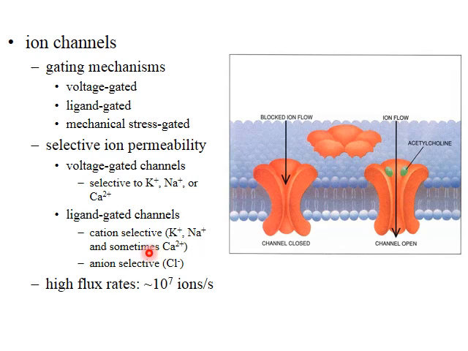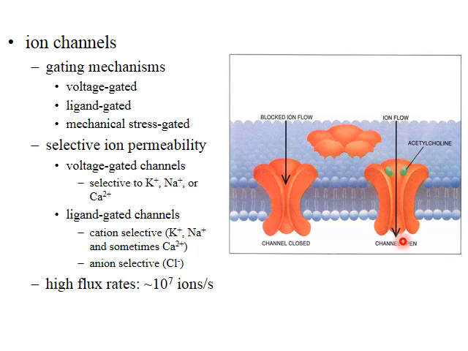Other types of ligand-gated channels are selective for anions instead of cations, and typically these are permeable to chloride. One of the characteristics of all ion channels is that when they gate open, they allow a fairly large flux of ions to flow across the plasma membrane, typically 10 to the 6th or even 10 to the 7th ions per second. 10 million ions per second can flow through the pore of a single ion channel.